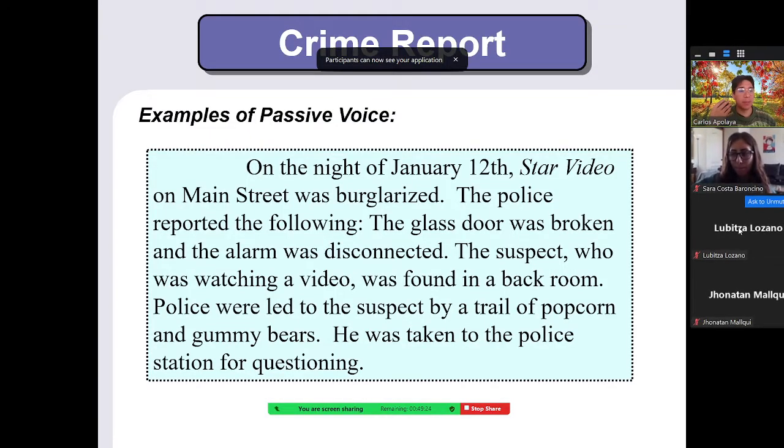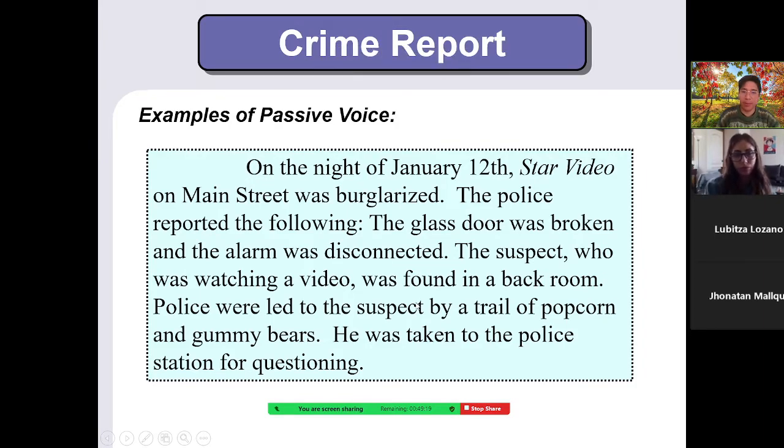Well, let's begin with this part. Please, Jonathan, please read this paragraph. Okay, teacher. On the night of January 12th, Star Video on Main Street was burglarized. The police report the following: the glass door was broken and the alarm was disconnected.